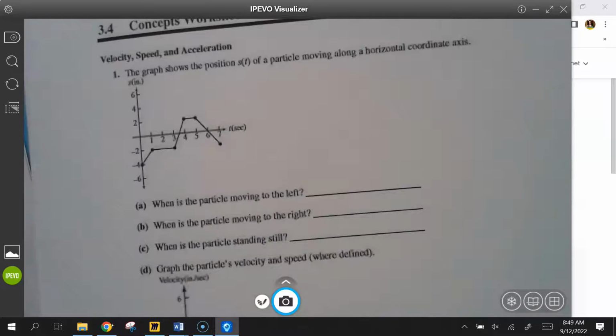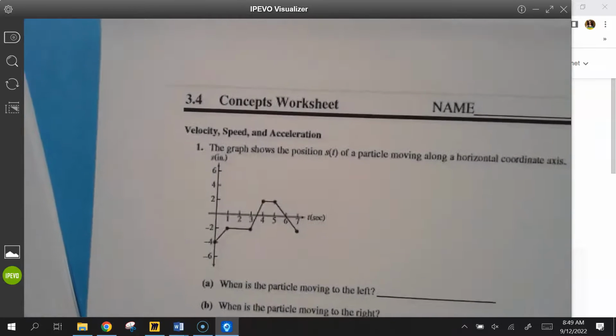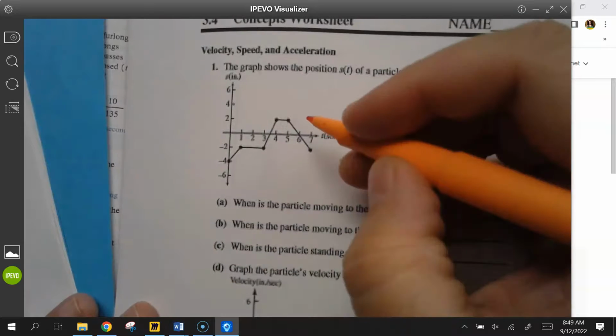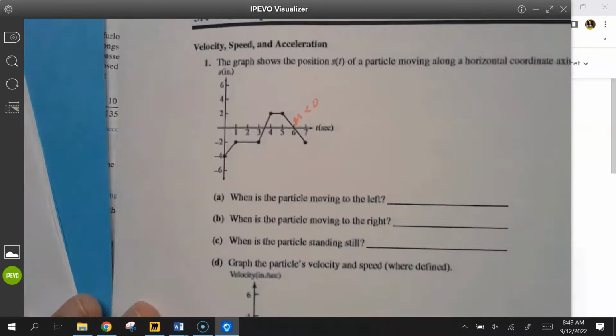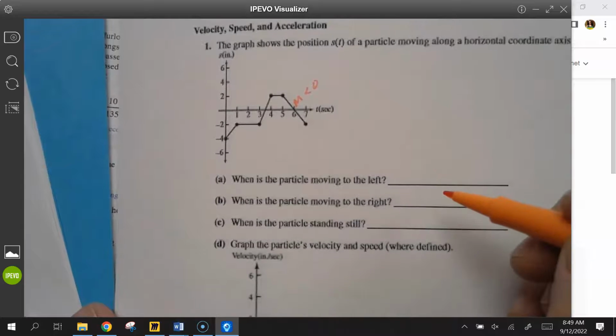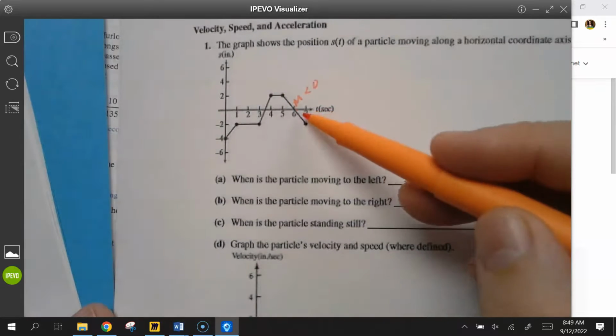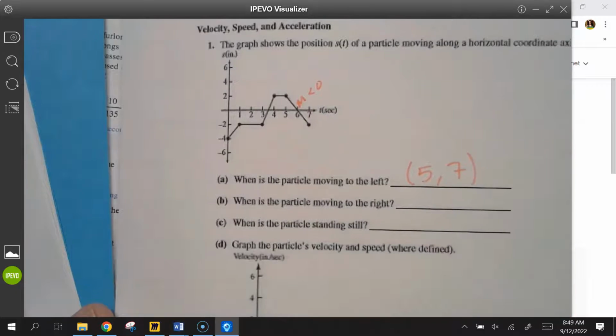All right. So we said when velocity is negative, it's moving to the left. So for this one, I'm looking for a negative slope, which is going to happen here, right? This is when my slope is negative, which means my velocity is negative. So when is it moving to the left? It's moving to the left from t equals 5 to 7. So I'm just going to say 5 to 7.